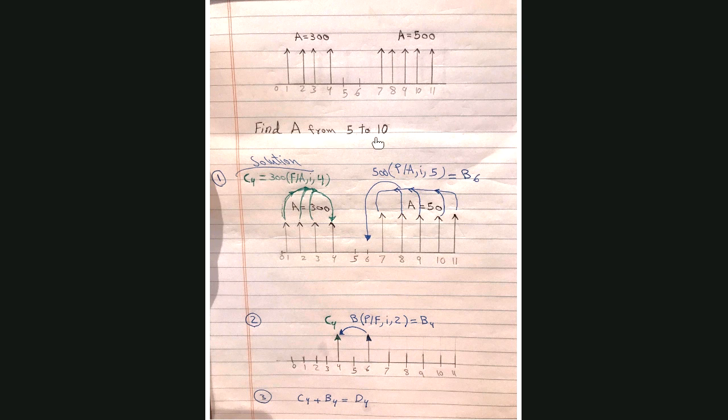So you have to find an annual from a given annual. The given annual is split into different values, 300 from 1 to 4 and 500 from 7 to 11, and he wants you to find the annual from year 5 until year 10.